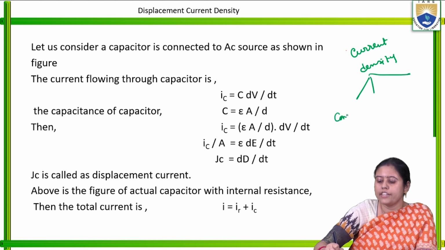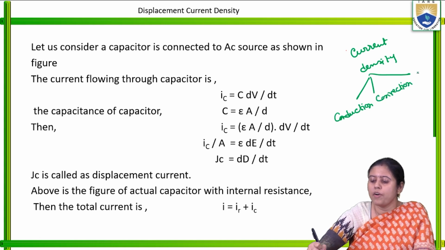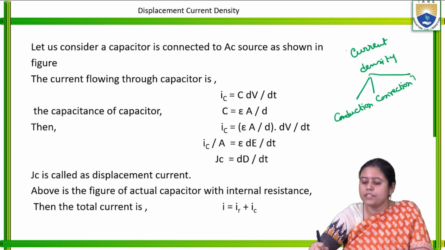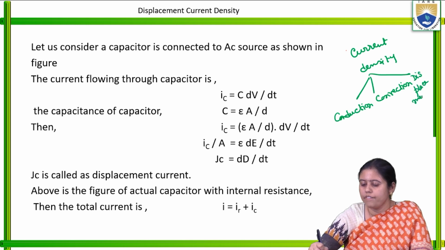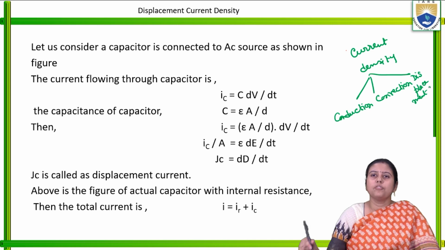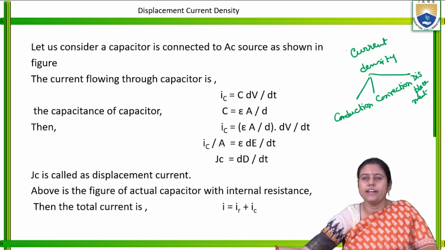One is the conduction current density, one is the convection current density, and one is known as the displacement current density.